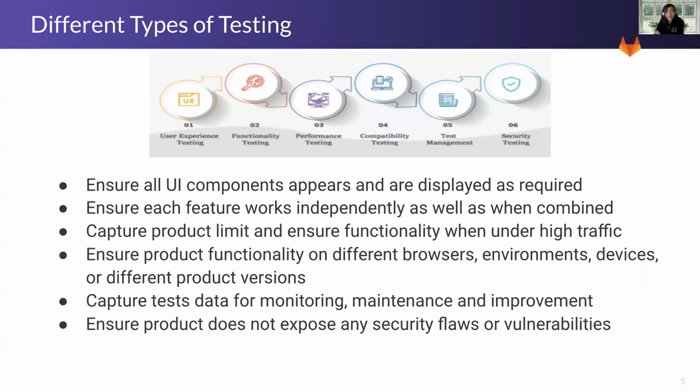What are the different types of testing? As you can see here, there are some common types of testing. First, we have user interface, or UI, testing. We will make sure that all the UI components are rendered when we open up a web page, for example.